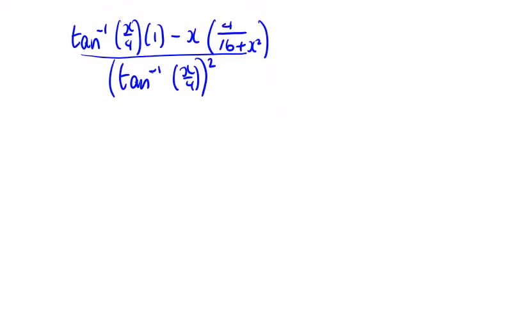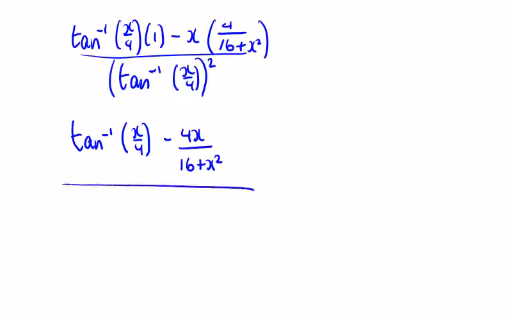So tidying this up, we're going to have the inverse tan of x over 4 minus 4x over 16 plus x squared, all over the inverse tan of x over 4, not x over 2 which I've put in here, all to be squared.